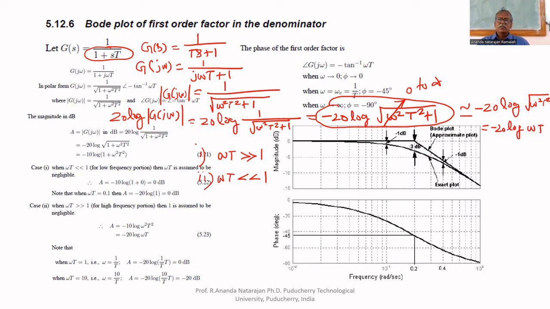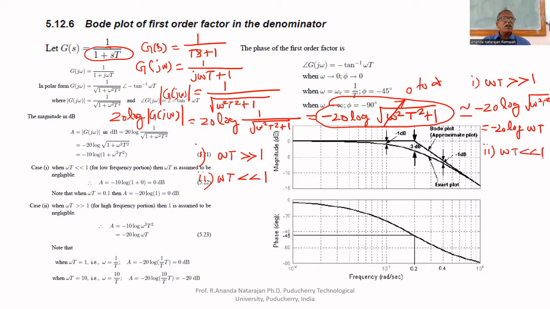That's all, this is for the case omega tau far greater than 1. That is case 1. In case 2, omega tau is far less than 1.